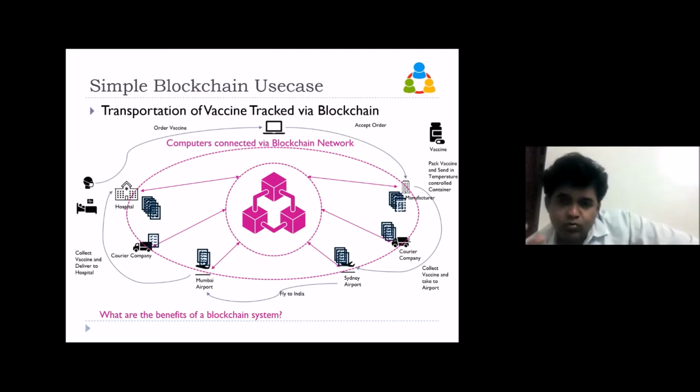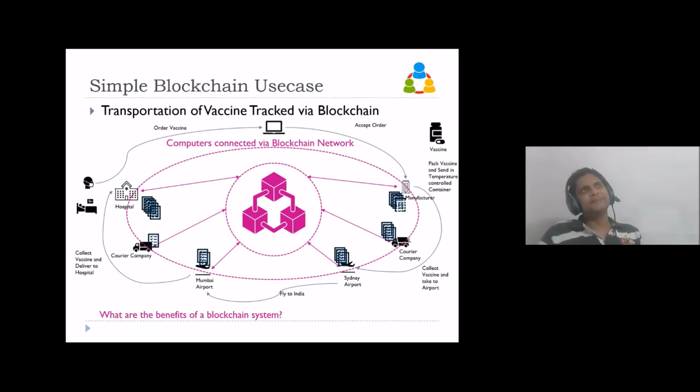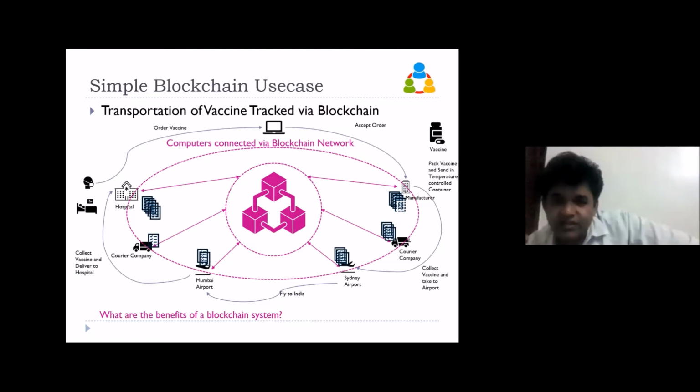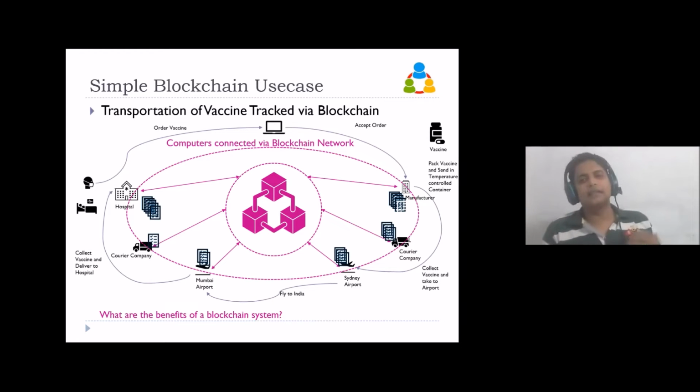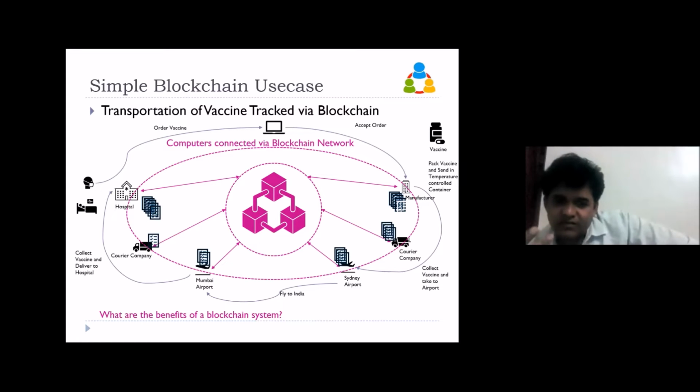And one more thing, then who is the custodian of this data? Everybody owns that. No single custodian? No. In a public blockchain network, the Bitcoin blockchain network or the Ethereum blockchain network, nobody owns it. It's all decentralized. Everybody owns the data. But then if something goes wrong with the network, who will fix it?